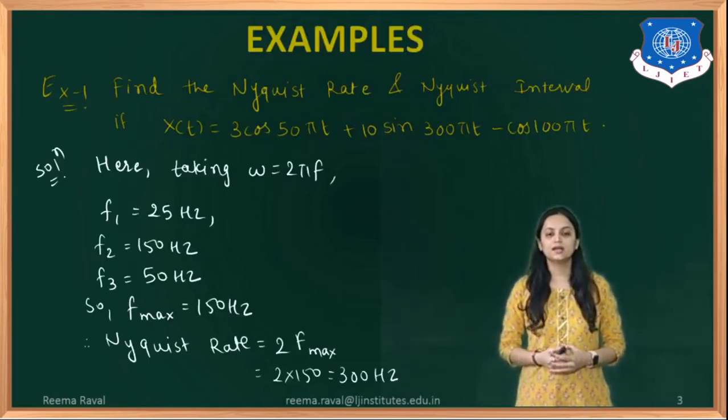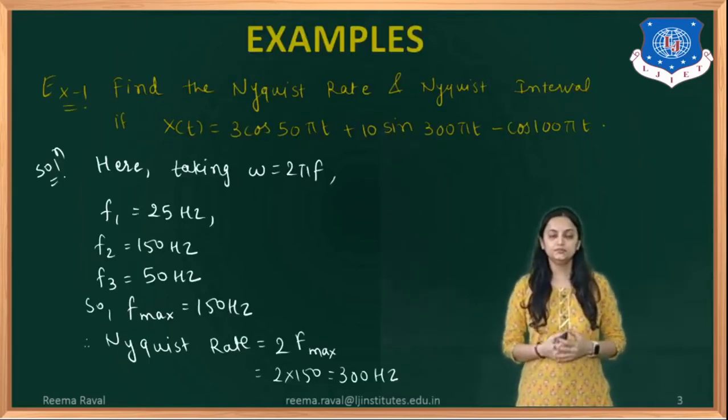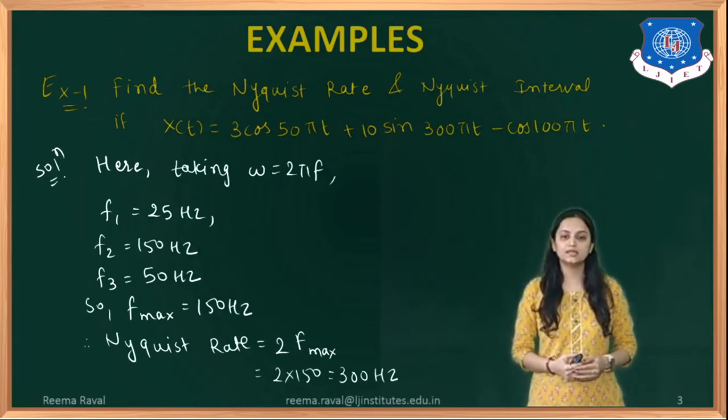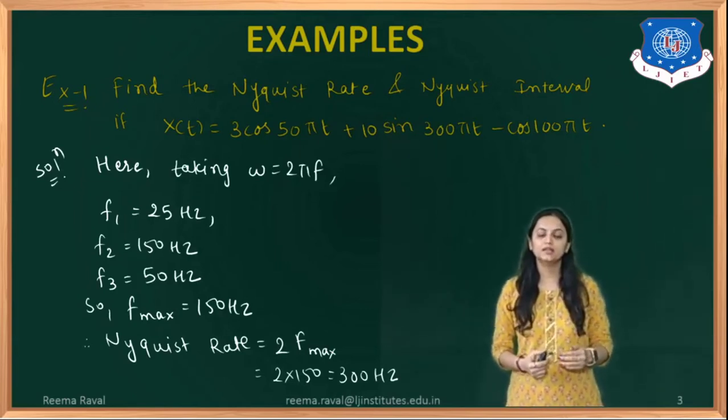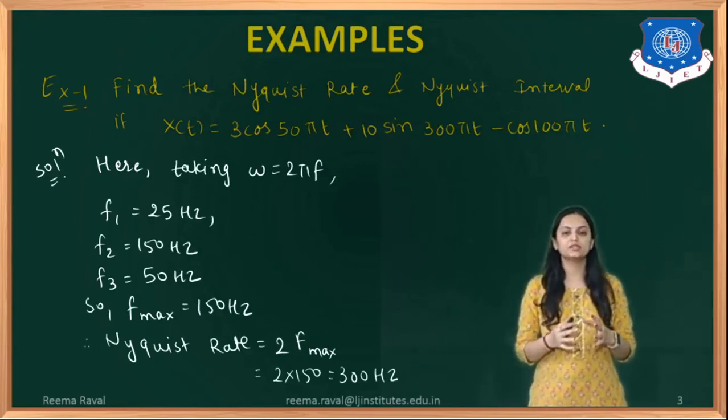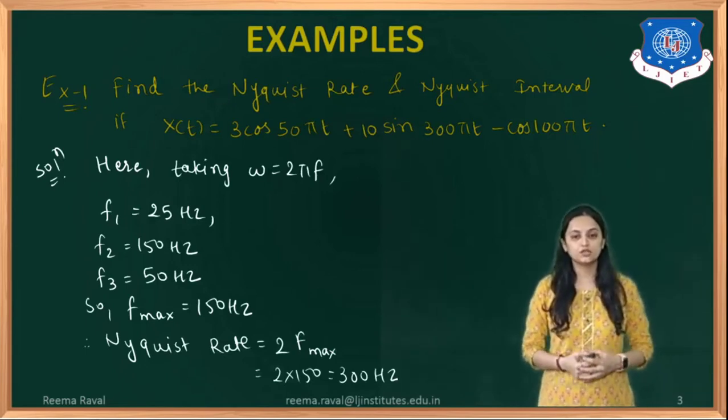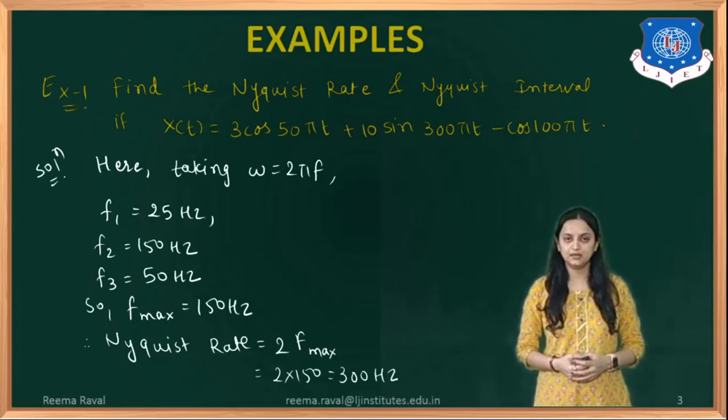So here we are considering the first example where the data given to us is: find the Nyquist rate and Nyquist interval if x(t) = 3 cos 500 pi t + 10 sin 300 pi t - cos 100 pi t.